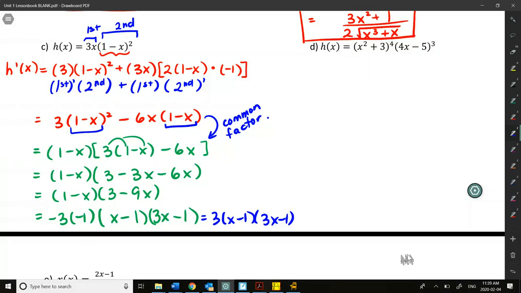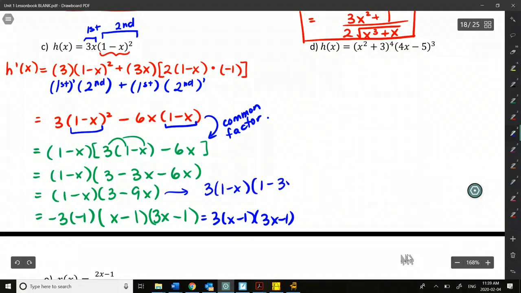Certainly if I really wanted to, I could write this as 3 and then just 1 minus, like that. It's just more proper to write it in this format. But I think this would also be fine.